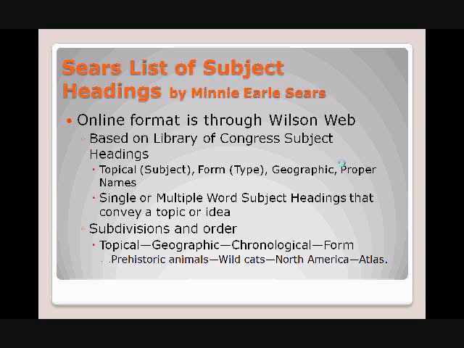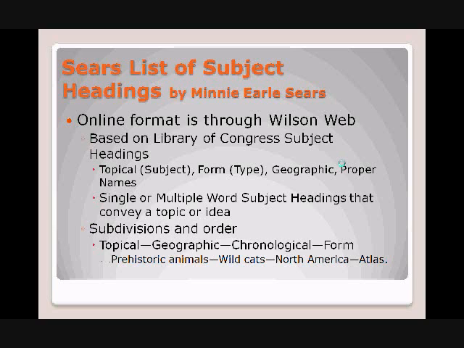So, for example, there is a particular order that you have to list the subject headings in when you're using main subject headings and then subdivisions, and that order is topical first, geographic second, chronological third, and form last. Oftentimes when you're beginning classification, you put the form first, like encyclopedia or atlas, but the form is always last.